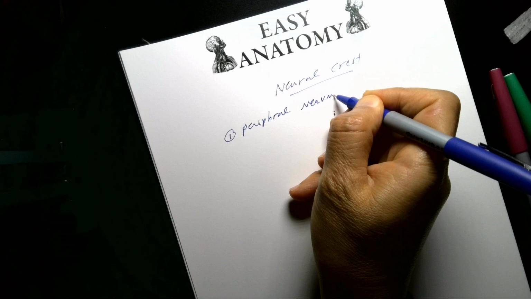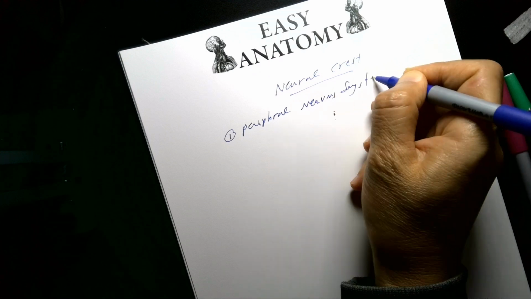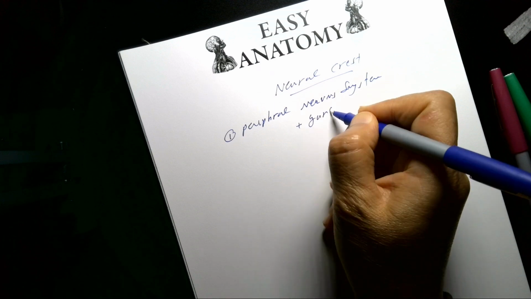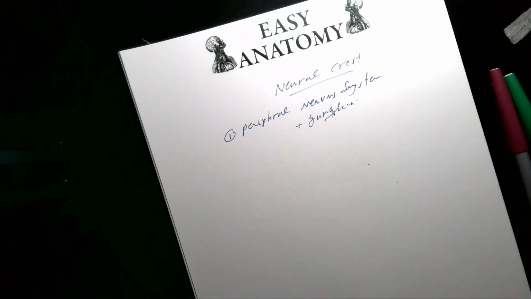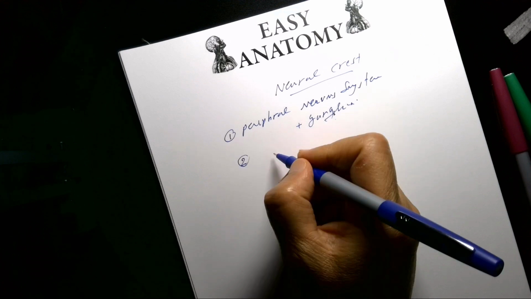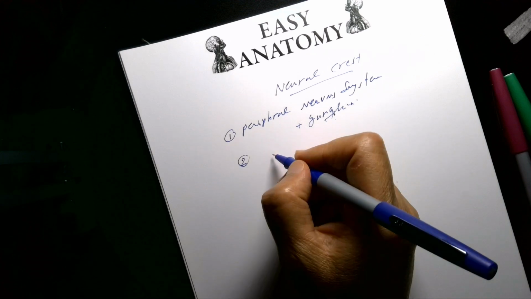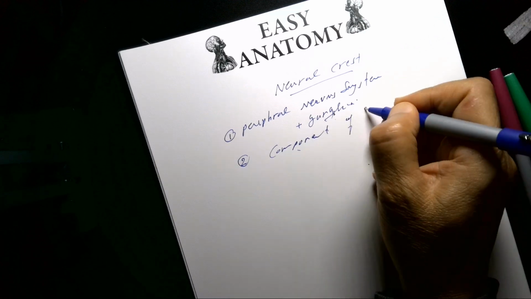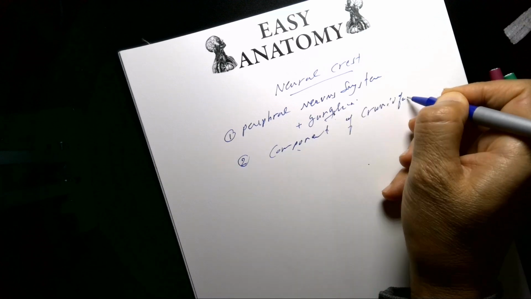So it's going to give the cells of the peripheral nervous system, and the ganglia, which is part of the peripheral nervous system. Also, it is going to give the craniofacial skeleton component, an important component: the cartilage and the bone of the craniofacial skeleton.